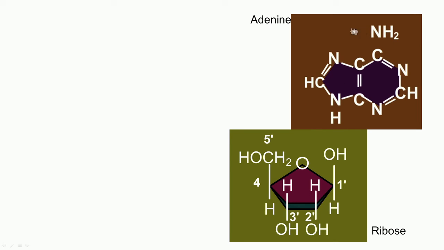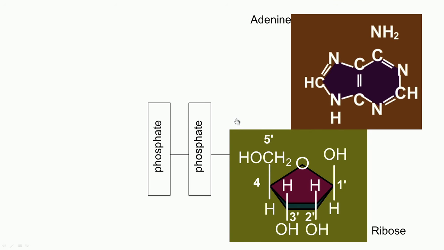So, the adenine nitrogenous base is attached to the first carbon atom here, and the bond is not shown here. This one needs to be removed and this bond needs to go and attach to the nitrogen here, and to the 5' carbon oxygen you have phosphate groups that get attached.